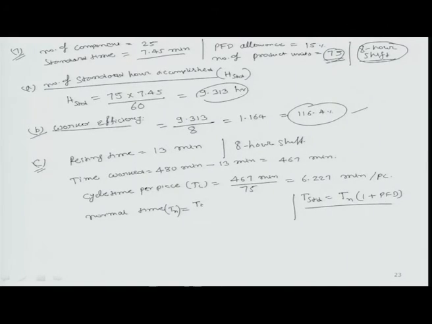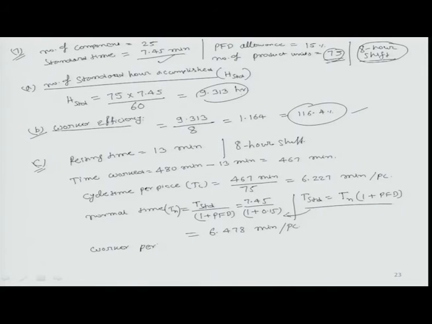Then Tn is T standard divided by (1 plus PFD), that is equal to the standard time given, 7.45 minutes, divided by (1 plus the PFD allowance of 0.15), and this is equal to 6.478 minutes per piece.